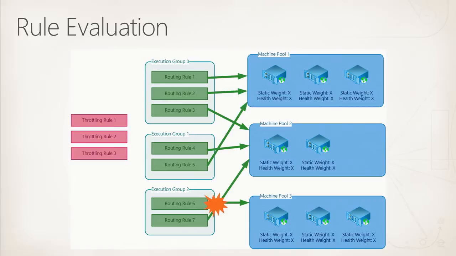But what happens if that rule there, routing rule 2, is matched? What that means is the other rules will not be evaluated. So we need to be careful about which execution group we put our important rules in, otherwise they may not be evaluated. And so we end up in a situation where the requests are being served by the wrong machine pool.